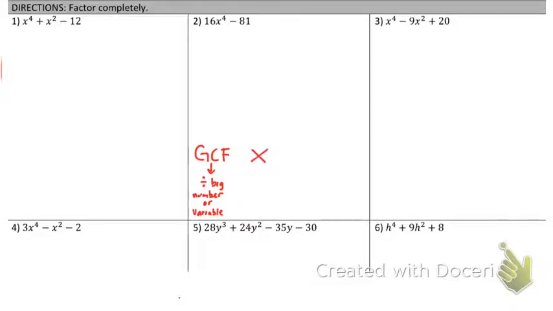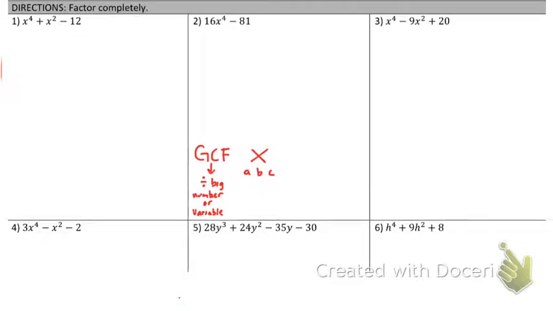What the X method needs is the ABC pattern. This is called the quadratic pattern: A, B, C. When you have the ABC pattern, your A term has a variable to an even power.